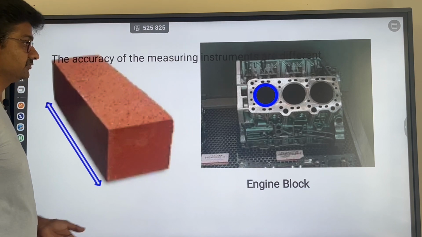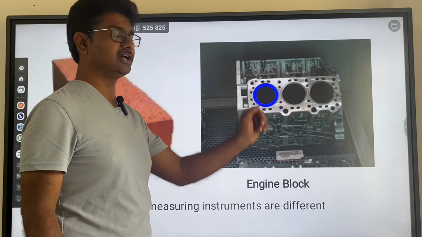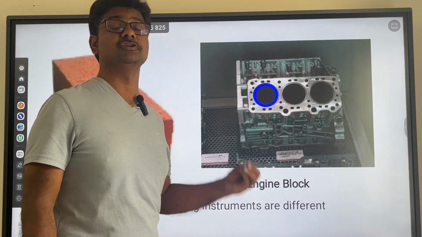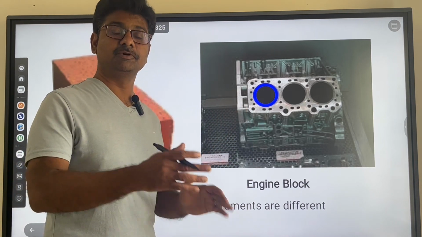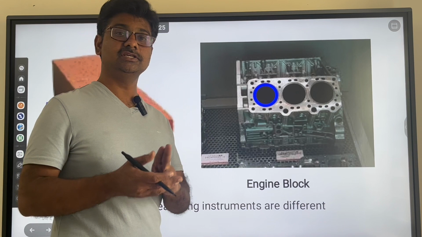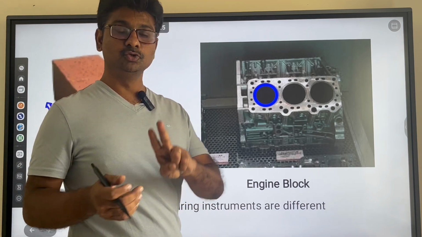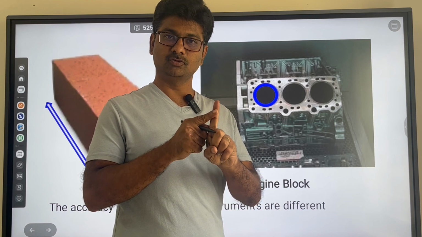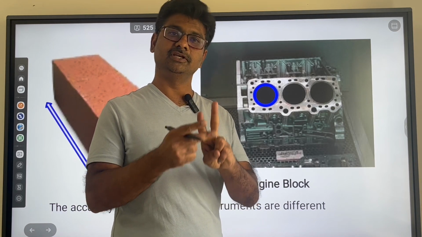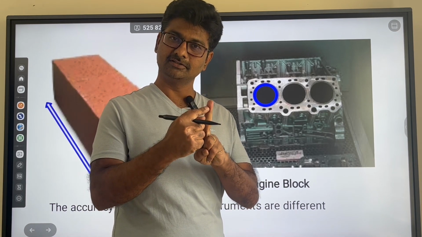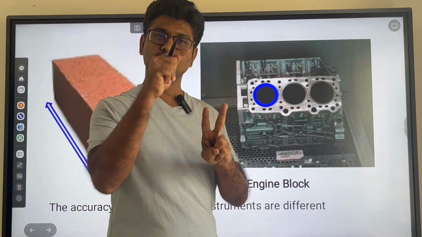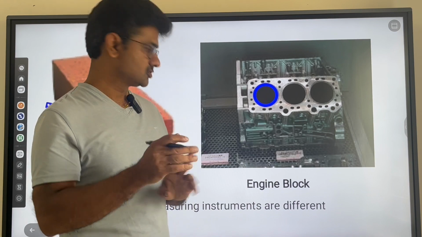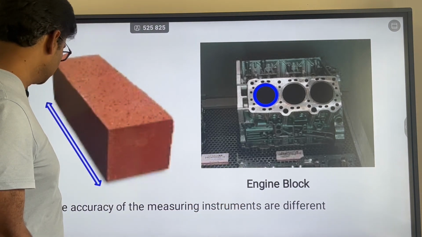But if you want to find the diameter of a cylinder, I need a higher accuracy measuring instrument. That's the purpose of accuracy. Accuracy is intended for two purposes. One is whether the measuring instrument is accurate or not. And second, even though the measuring instrument is accurate, how accurate it is for use in a particular application. So let us try to understand what accuracy is now.